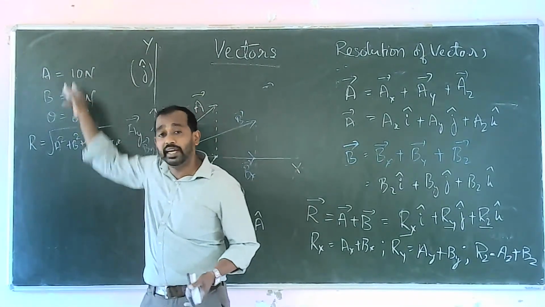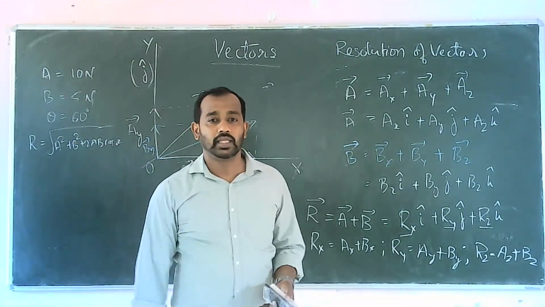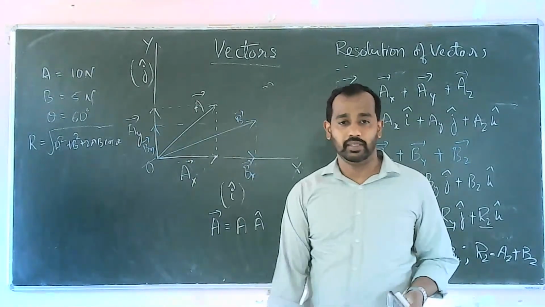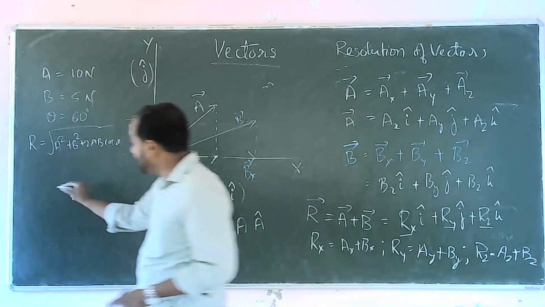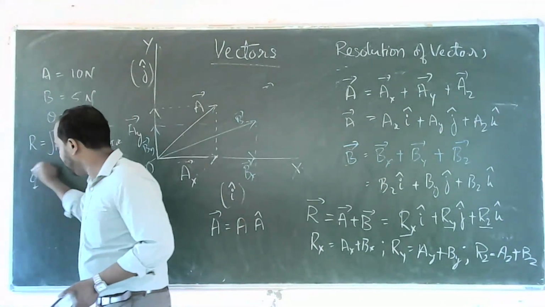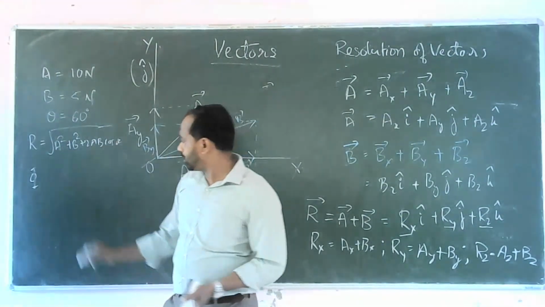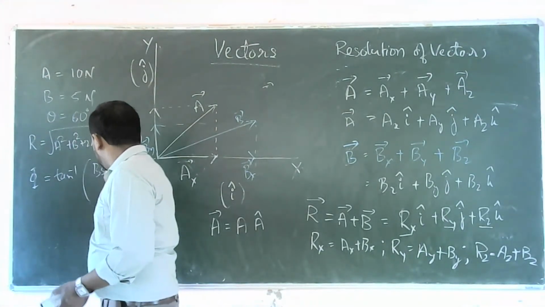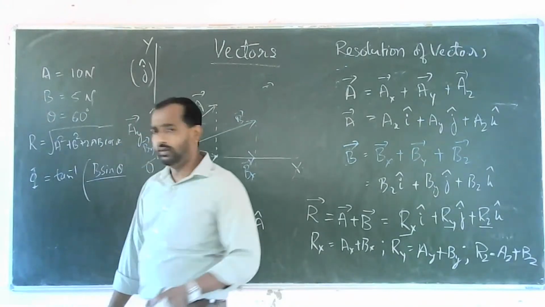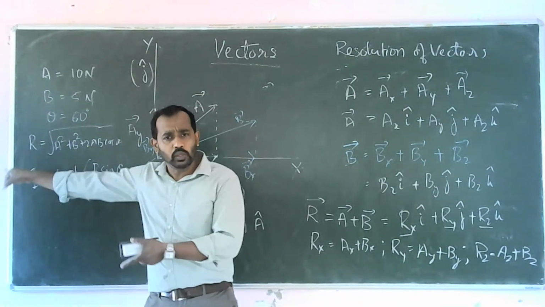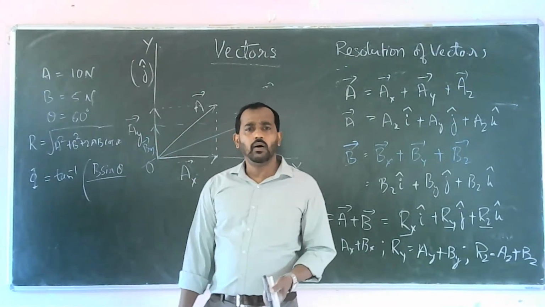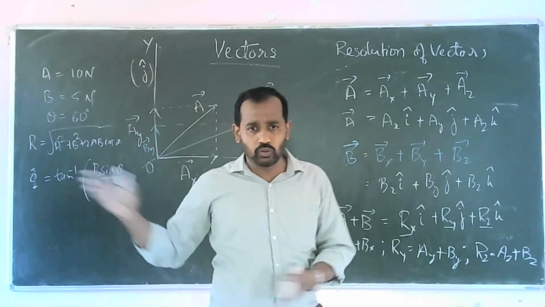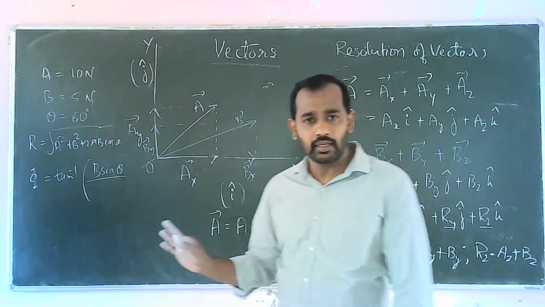Here only the magnitudes of A and B are directly given. Their direction is not given; their direction with respect to each other has been given. So the resultant direction, I will take as phi itself, which is equal to tan inverse of B sin theta divided by A plus B cos theta. Do not get confused. We can keep on changing the terms. It is not always necessarily alpha. We have the freedom to choose the terms.